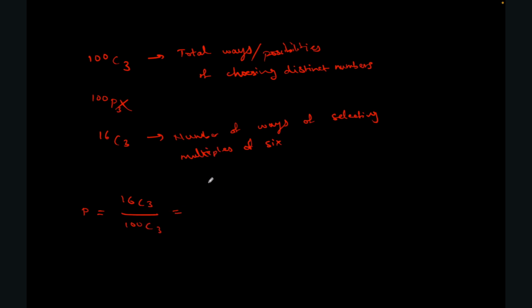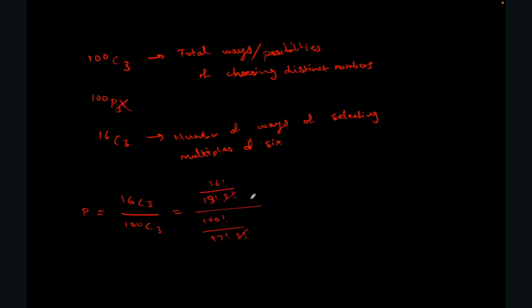Let's simplify it a little bit. What are we going to get? We're going to get 16 factorial over 13 factorial times 3 factorial, and then 100 factorial over 97 factorial times 3 factorial.